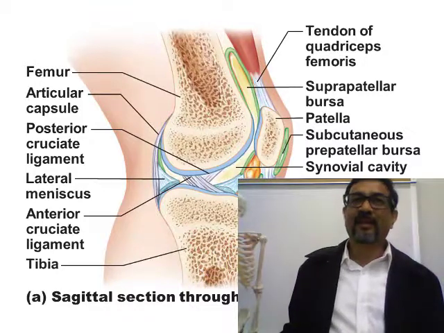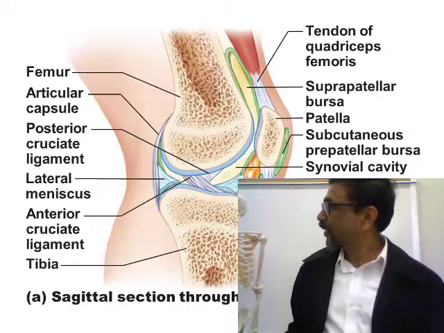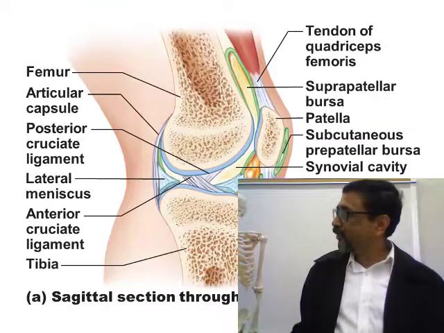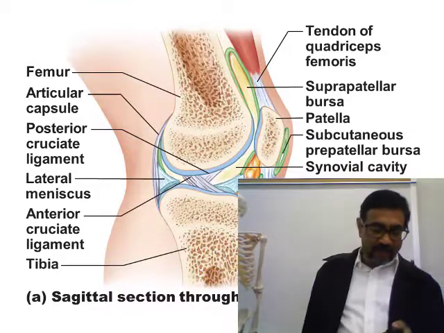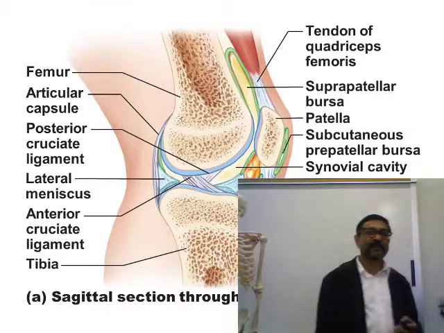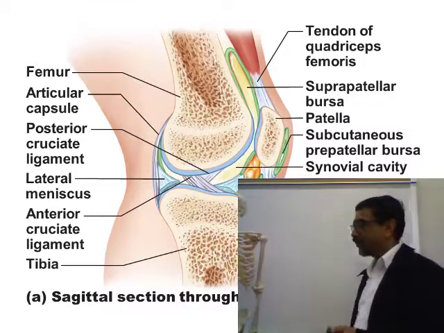Okay, and the outer part has the hyaline cartilage. Sometimes tearing of meniscus occurs, right? Tearing of cruciate ligament and tearing of meniscus, commonly heard.